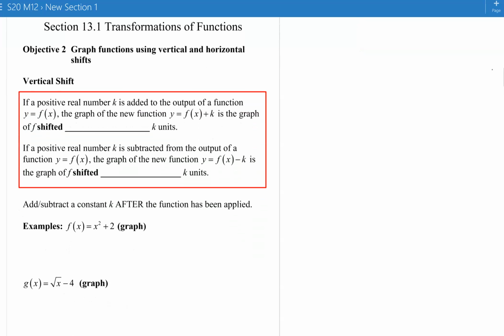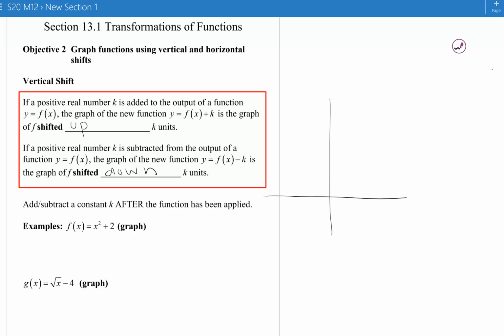Okay, so then we have vertical and horizontal shifts. If you add a number after the function has happened, the graph of f gets shifted up that many units. And if you subtract a number, then that has the effect of shifting the graph down that much.